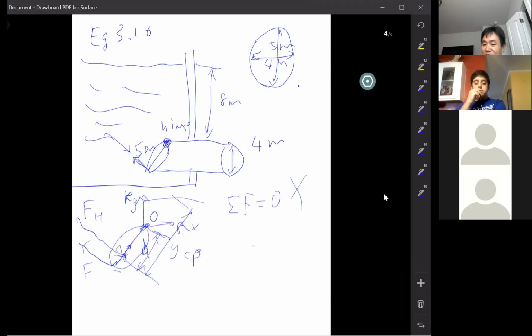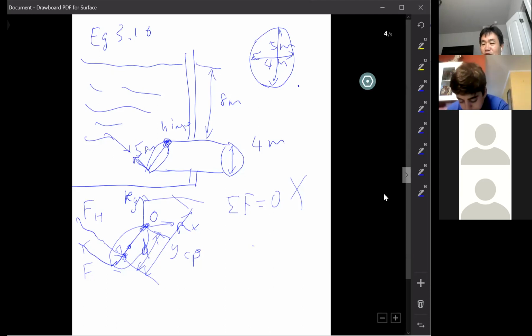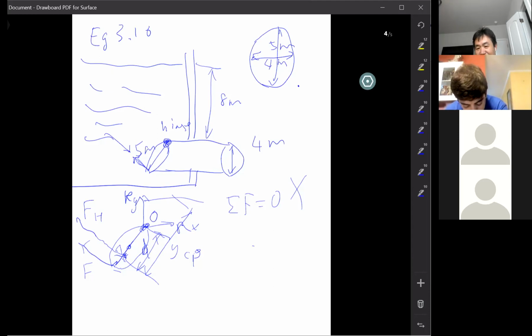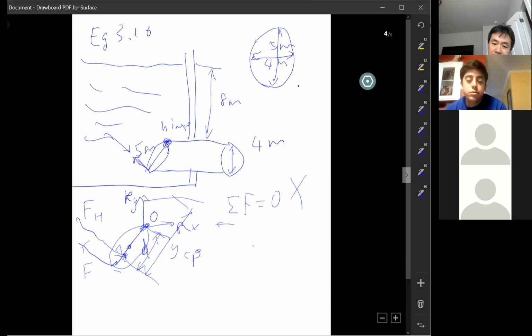Instead, do summation of moment equal to 0, because including the reaction forces Rx and Ry makes it difficult. You probably want to go with summation of moment about point O equals 0.